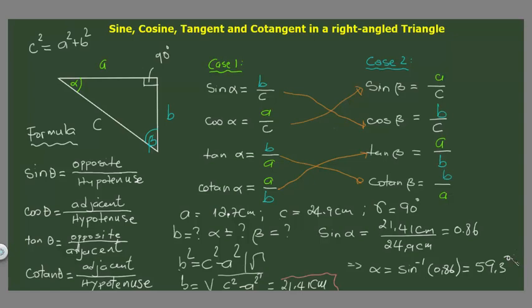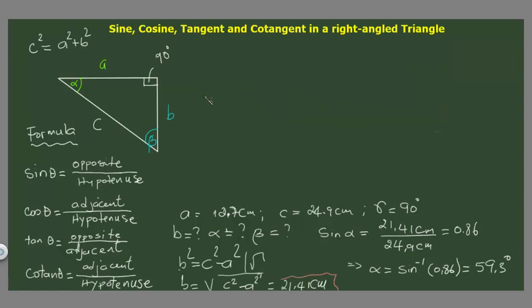Now we're looking for beta, so let us use the tan. The tan of beta is equal to the opposite over the adjacent, so the tan will be A over B. A is 12.7 centimeters over B, and B is what we found before, 21.41 centimeters. This is 0.59.